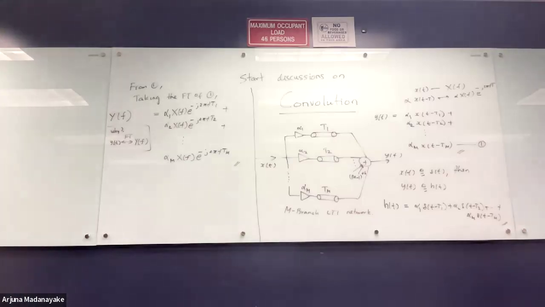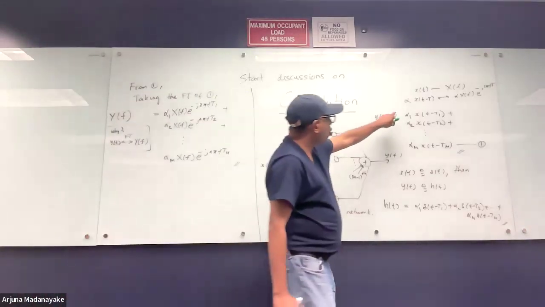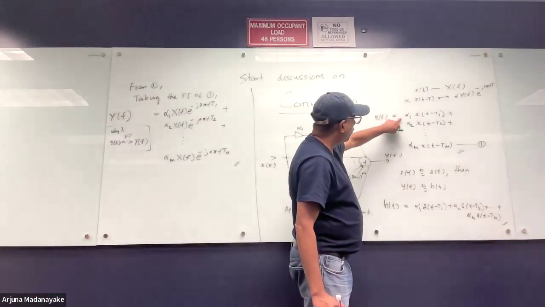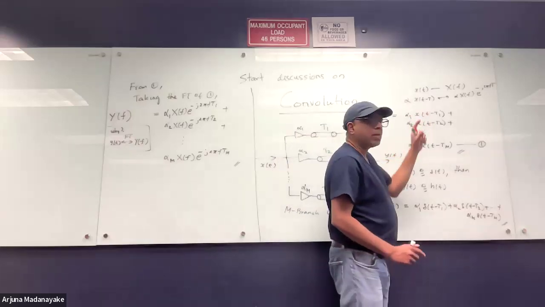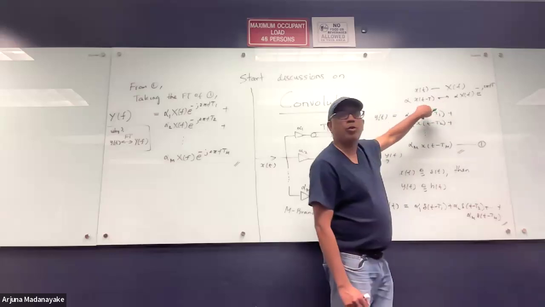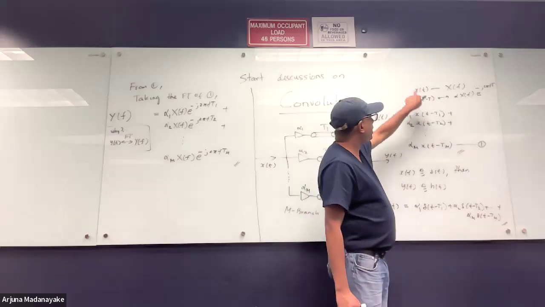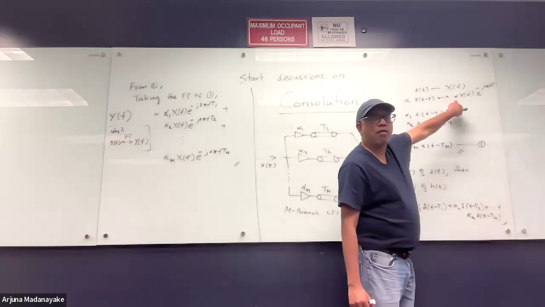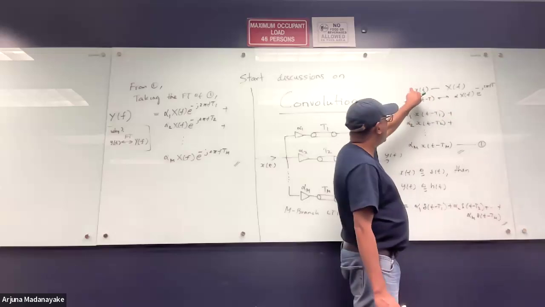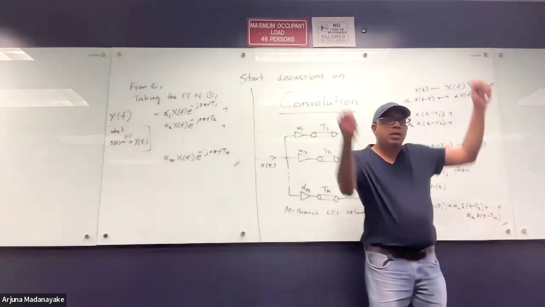So what did I do? I took every term in the output that I found earlier in 1. The output consists of M terms, 1, 2, 3, all the way to M. For every term, I separately applied my Fourier transform property, which has a scaling and a delay. The scaling just scales the thing by a constant, and the delay just rotates the phase by the right amount.